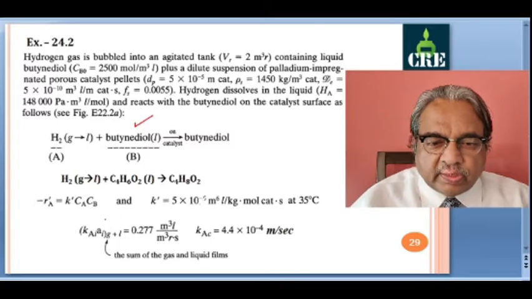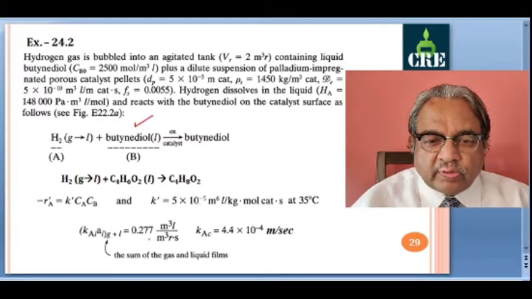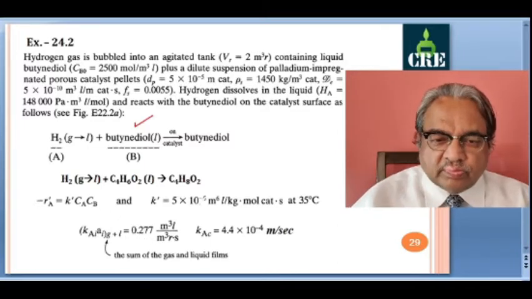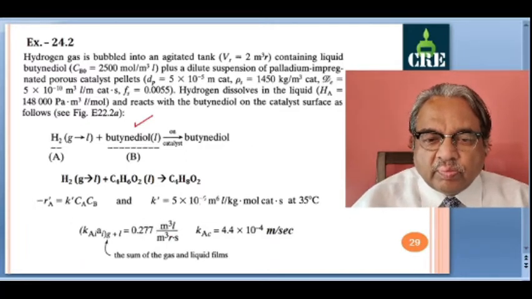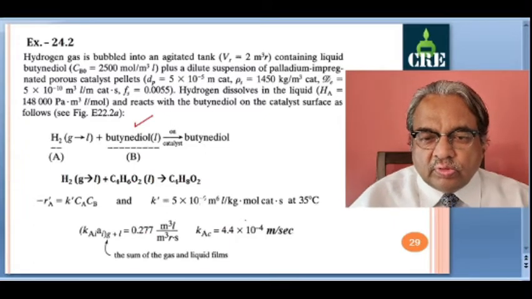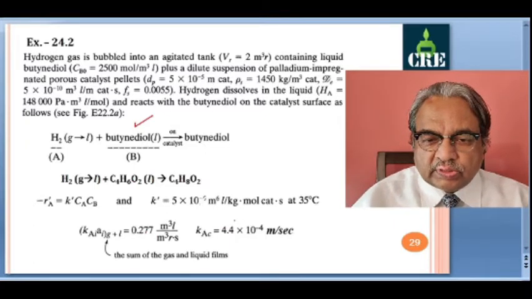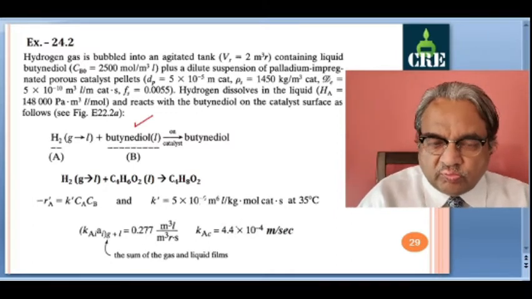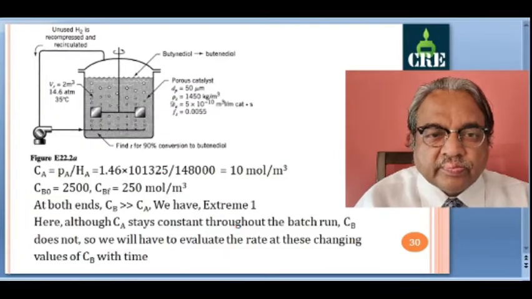This combined conductance is given, 0.277. So the first two resistances are combined here. So 1 by 0.277 will give you the addition of the first two resistances. Second, KAC is given, 4.4 into 10 raised to minus 4 meter per second.